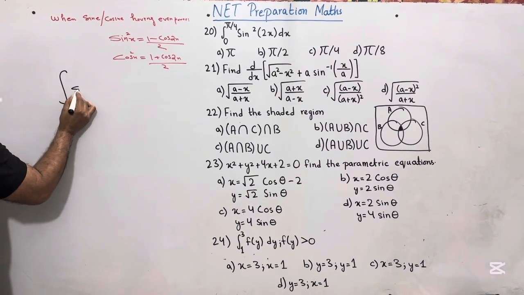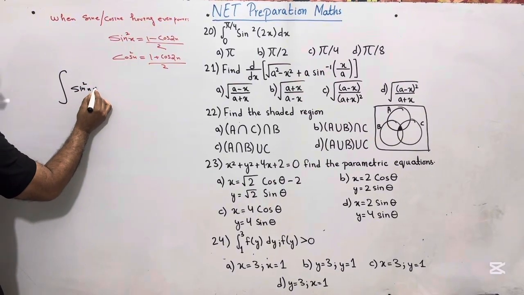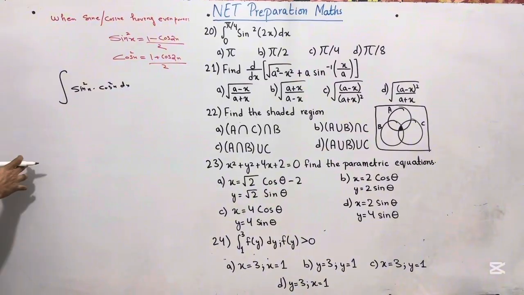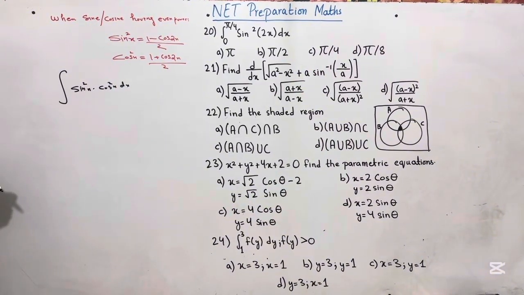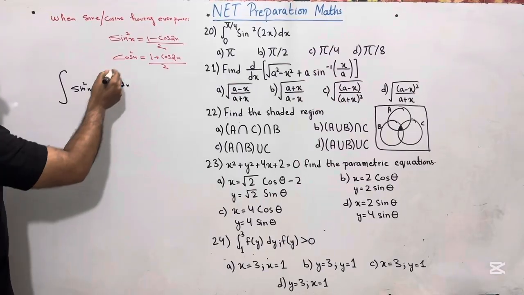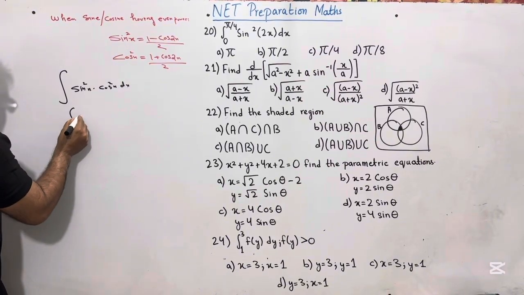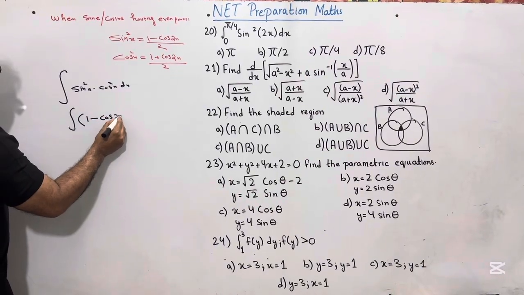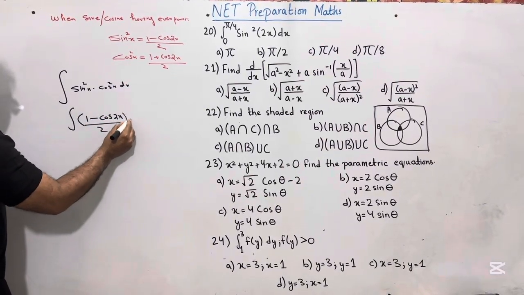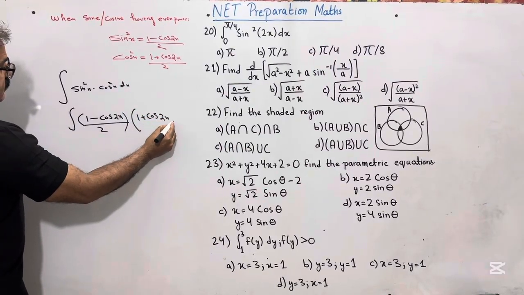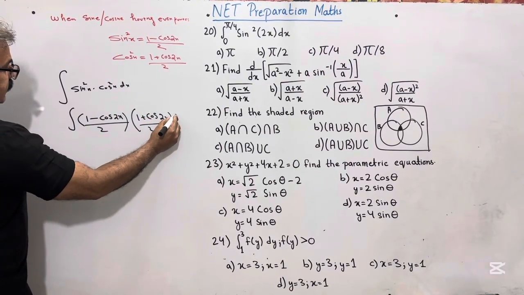Even if a mixture of these two is present, sine square x times cos square x, both have even powers, we utilize the same identities. Sine square x is 1 minus cos 2x over 2, times cos square x, which is 1 plus cos 2x over 2, dx.